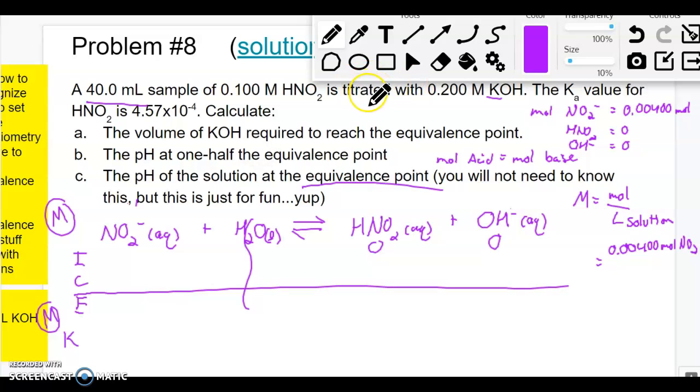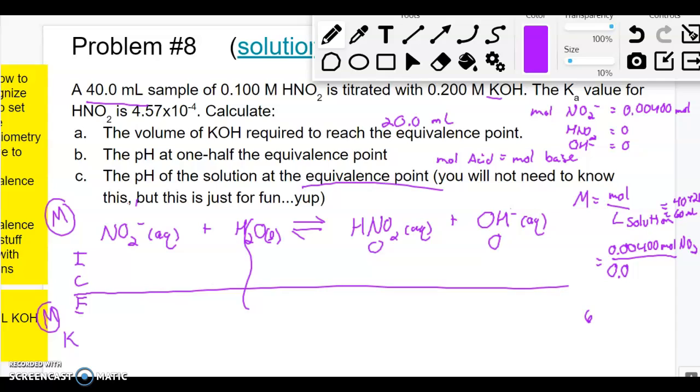Remember, we had 40 milliliters of this. And from our first problem, we said it took 20 milliliters of KOH in order to neutralize it, which means the liters of the solution is equal to 40 plus 20, which means 60 milliliters. I need to convert that to liters.